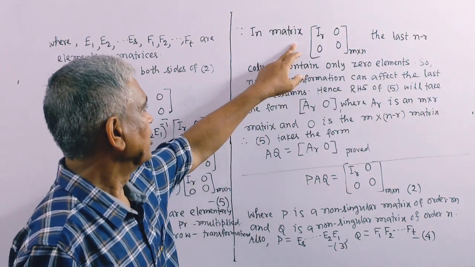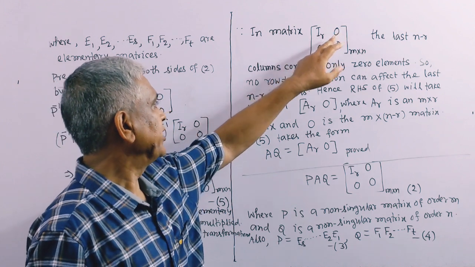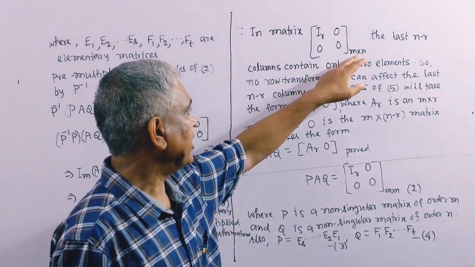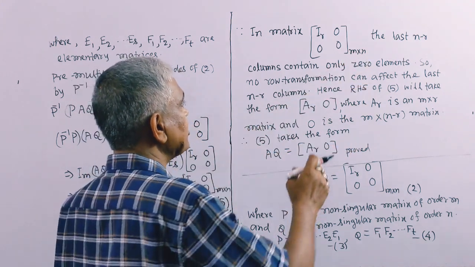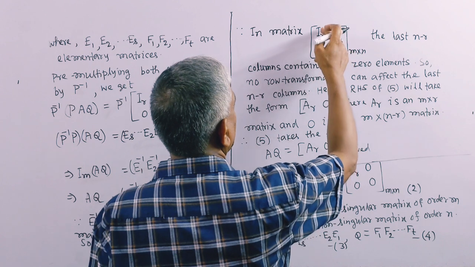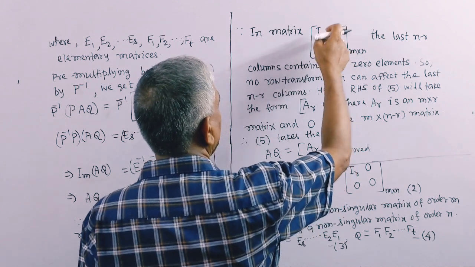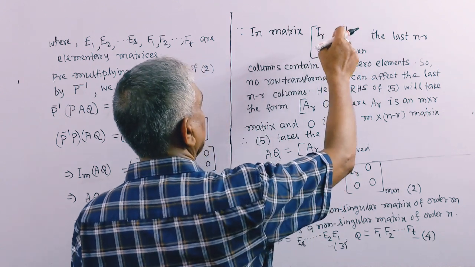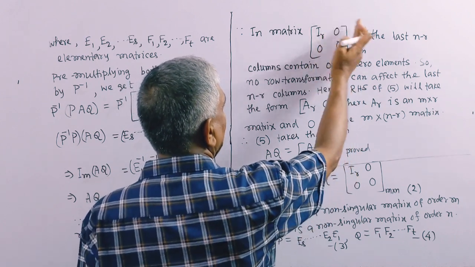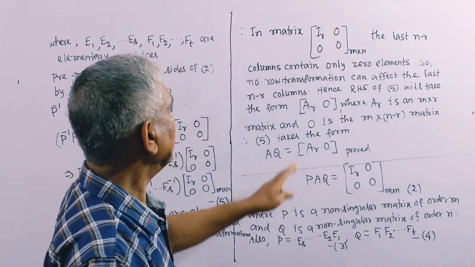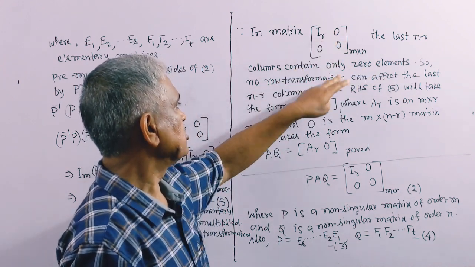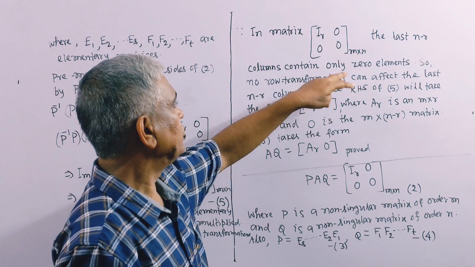In the matrix [IR 0; 0 0], of size m by n, up to this we have r columns, and after this the last n minus r columns contain only 0 elements.